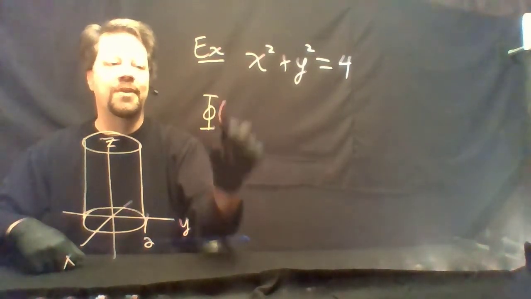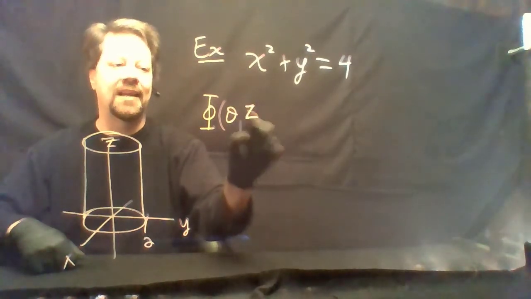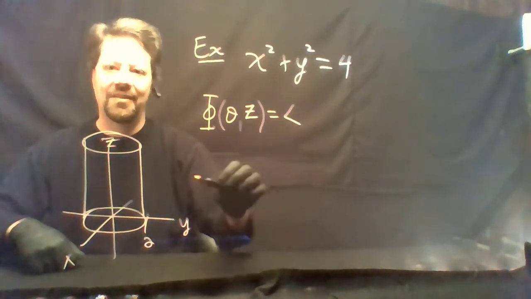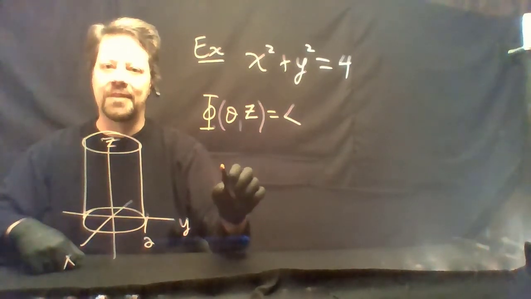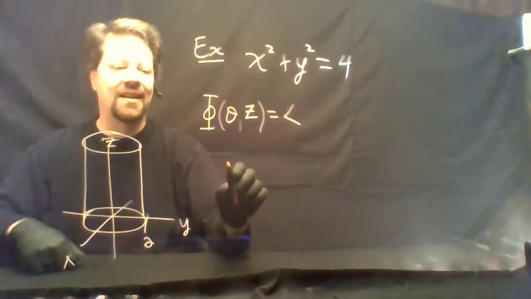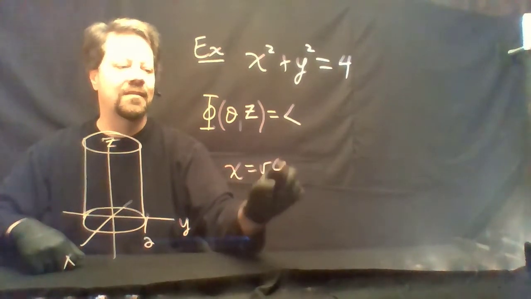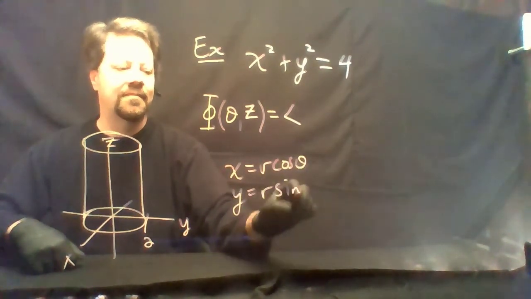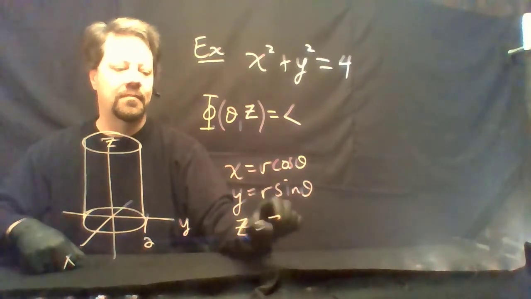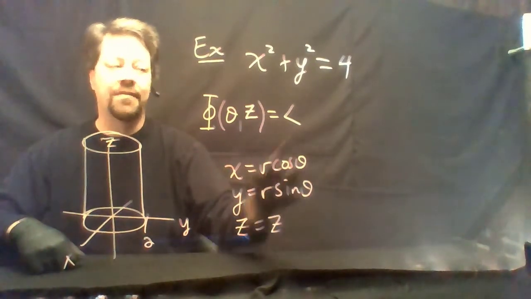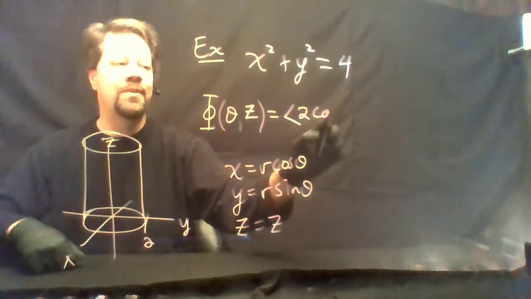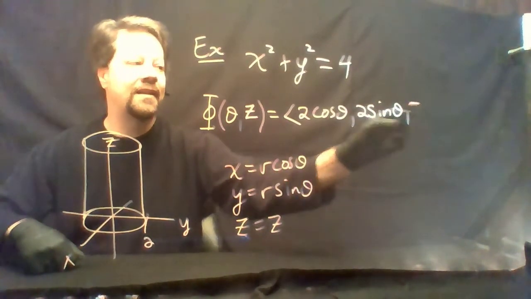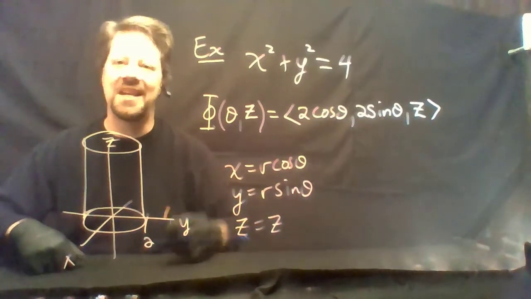So our parameterization will have theta and z as parameters. And it will be, remember the conversion formulas between cylindrical coordinates and rectangular coordinates, r is fixed at 2, so we get 2 cosine theta, 2 sine theta, and the independent parameter z.